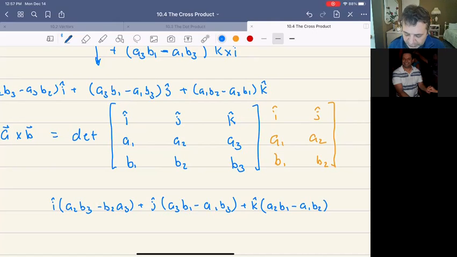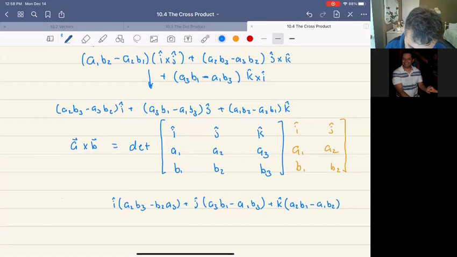Okay, why did I write it this way? I'm wondering that myself right now. Okay, this is why I wrote it this way. Because I want to have it in order.